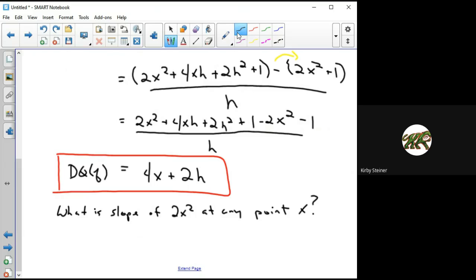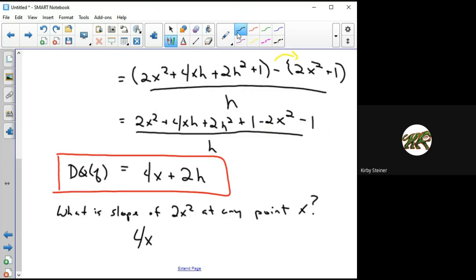Then the slope is going to be the difference quotient when h goes to 0. So let's say that h goes really close to 0, like what's 2 times 0.000001? It's pretty much 0. And so I can say that it's going to be 4x.